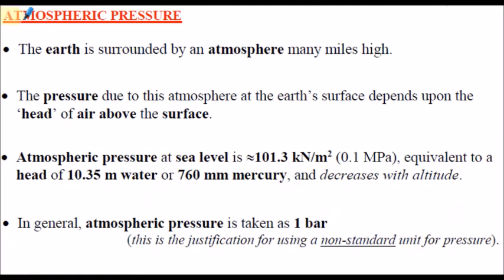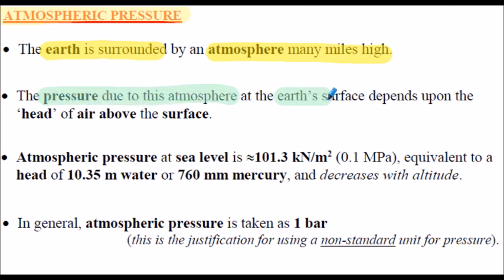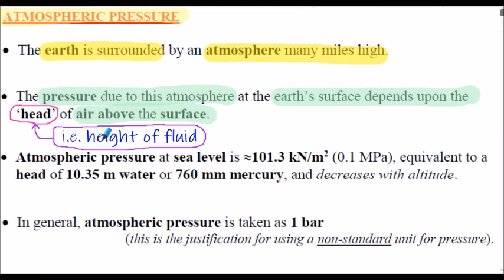Let's consider atmospheric pressure. The Earth is surrounded by an atmosphere that's many miles high. The pressure due to this atmosphere at the Earth's surface depends upon the head of air above the surface. Note that head relates to the height of a vertical column of fluid and is used to determine hydrostatic pressure.